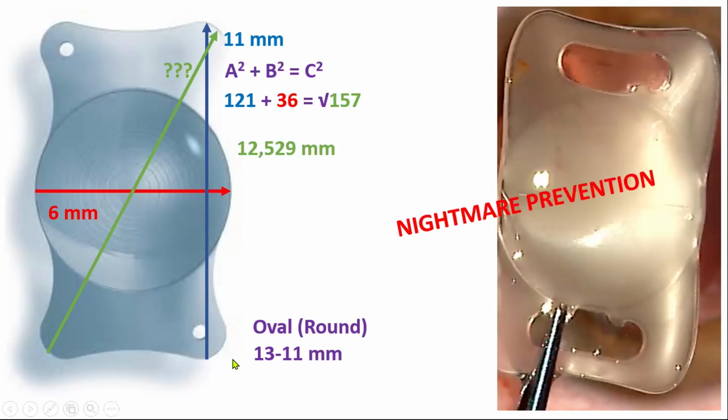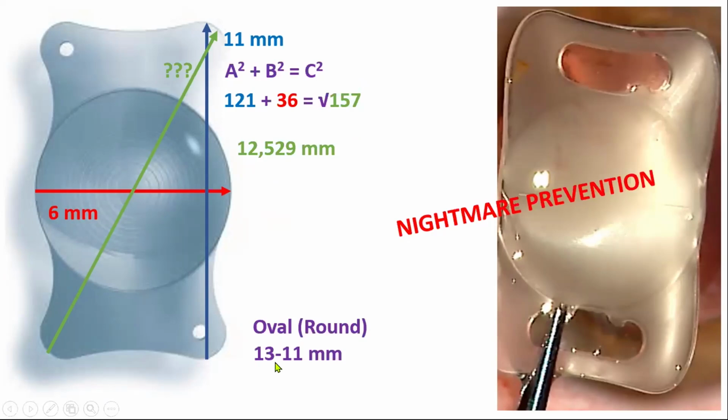And why for plate lenses, a 13 millimeter ring? Well, the provider will tell you that the length of the lens is 11 millimeters and the width of the lens is 6 millimeters, but they will never tell you this measurement. So you have to calculate it. Thanks to Pythagoras, you can do this calculation and you will find that the larger length of this kind of lenses is 12.5 millimeters.